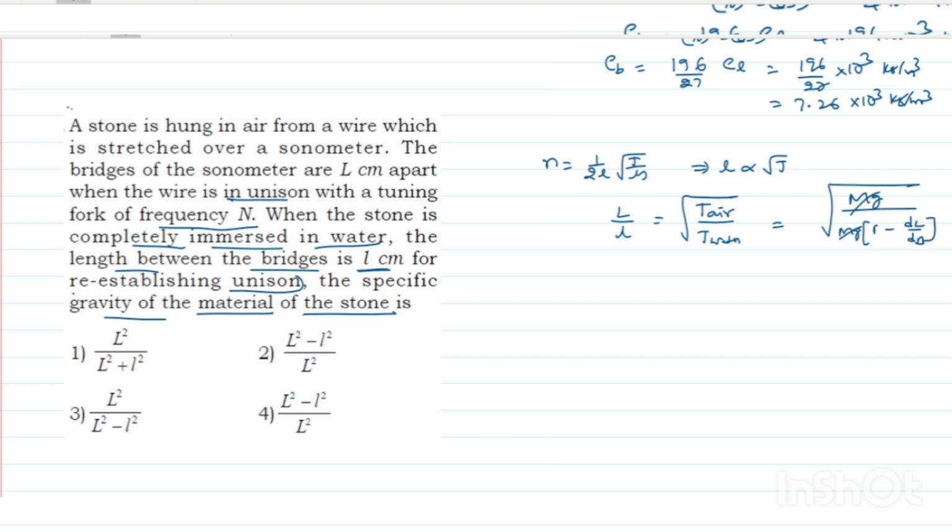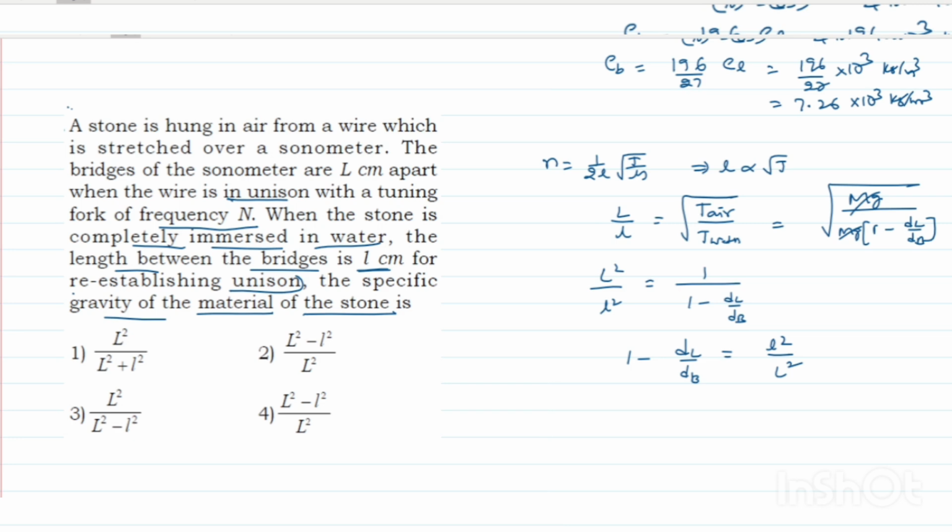mg gets cancelled. Then by squaring on both sides, l square by L square will be equivalent to 1 minus density of the liquid by density of the body. Reversing this, we get l square by capital L square.